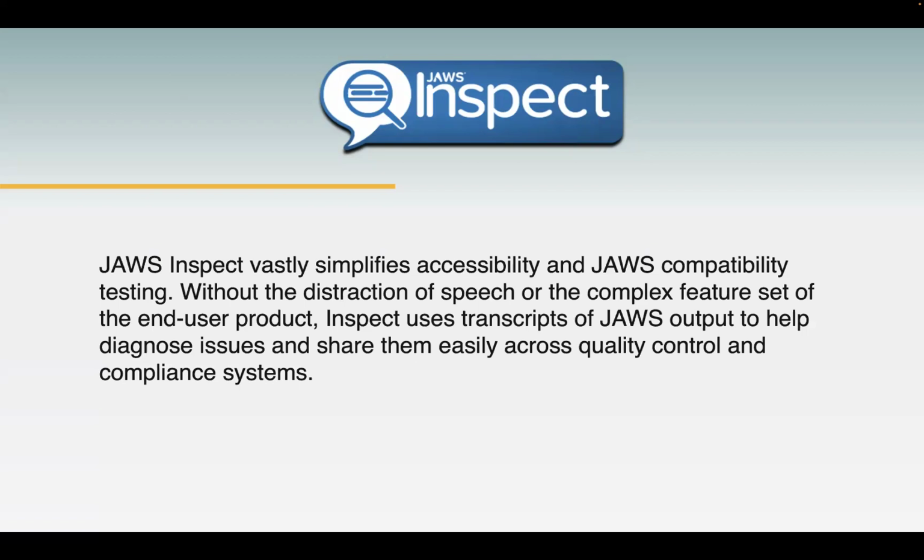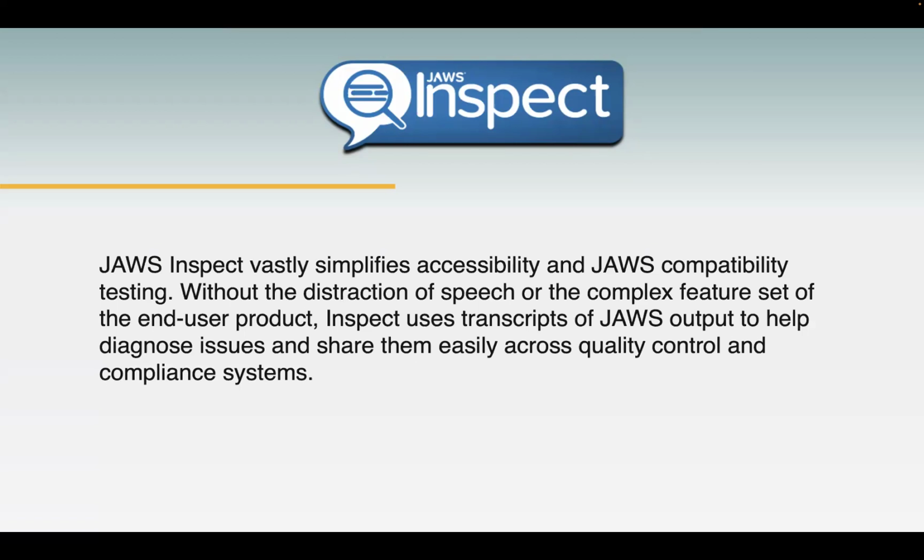So instead of speech, what you have with JAWS Inspect is actually a text transcript, which gives you both the time to properly assess whether the text that JAWS announces is correct for the element that you're testing, and also the ability to share that.